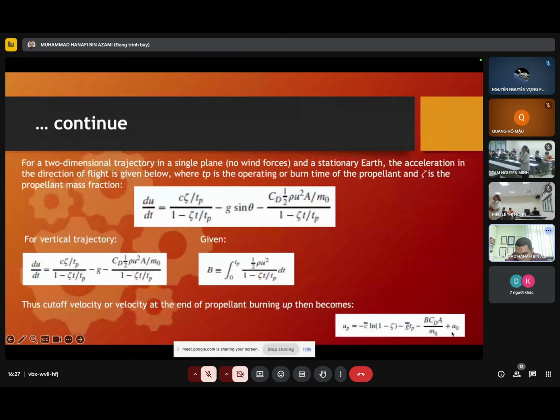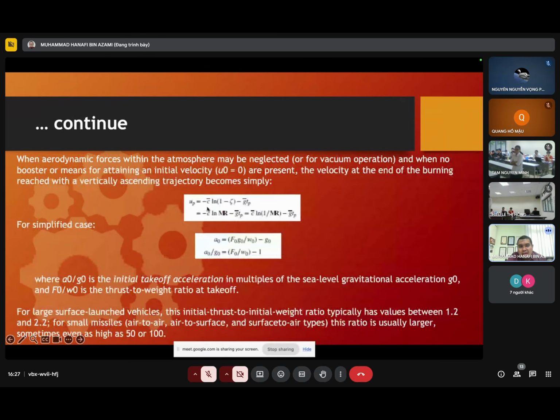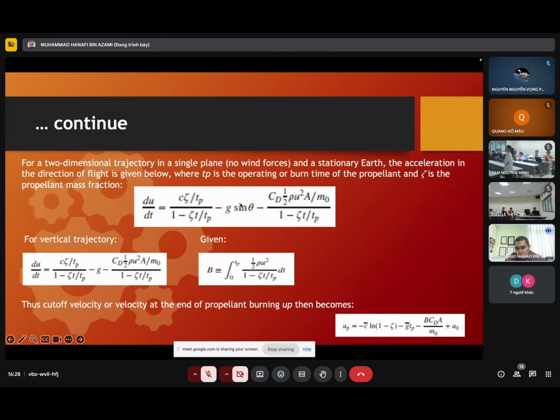From this, u naught is zero. You don't have aerodynamic forces, so this term is equal to zero because cd is zero. So you have negative c ln(1 minus zeta g tp). This term is zero, the second term is zero, the third term is zero, the fourth term is zero, so it becomes something like this.